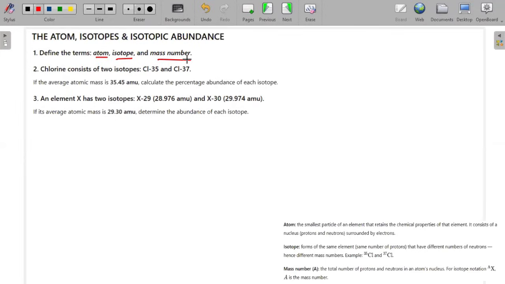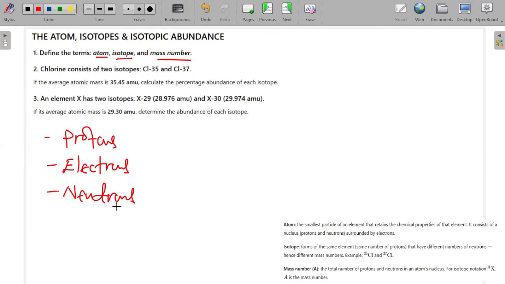So that's the definition of what an atom is. And then we know that the atom consists of three subparticles. There are the protons, which are positively charged, the electrons, which are negatively charged, and the neutrons, which have a zero charge. The protons' work in the atom is to give identity to that atom.